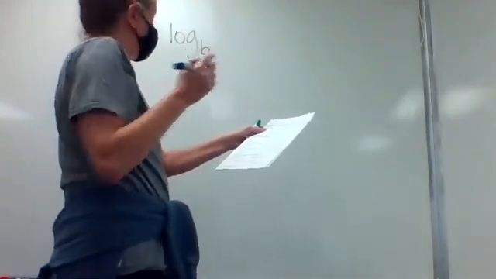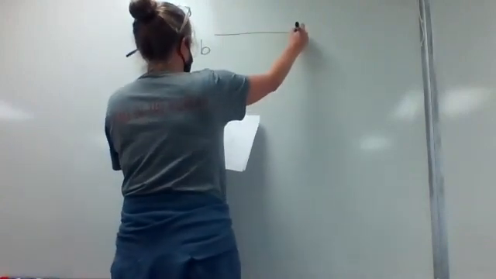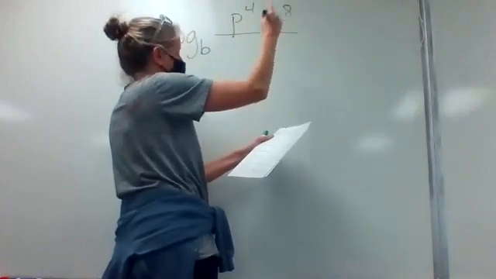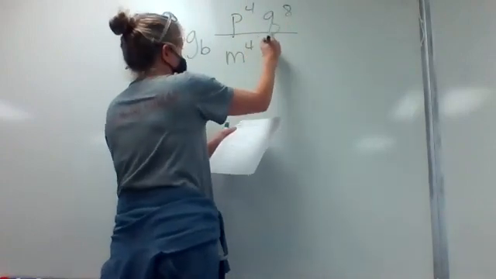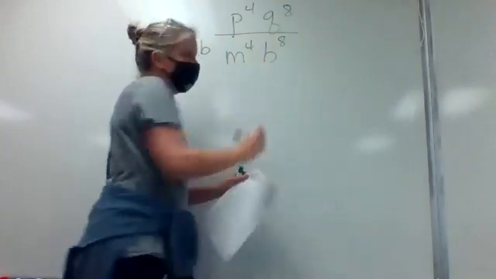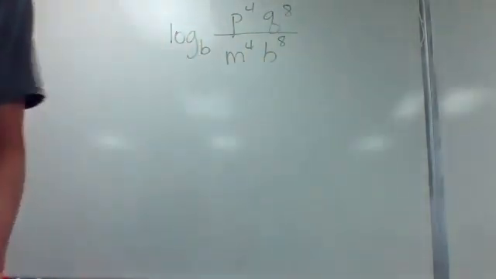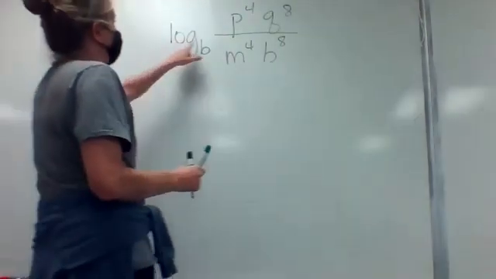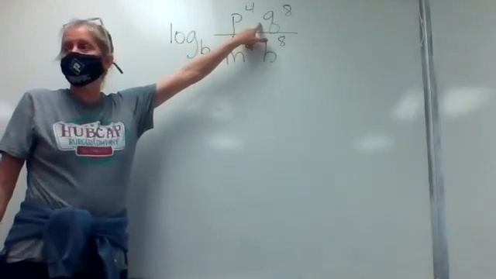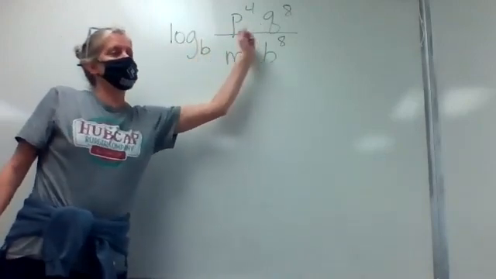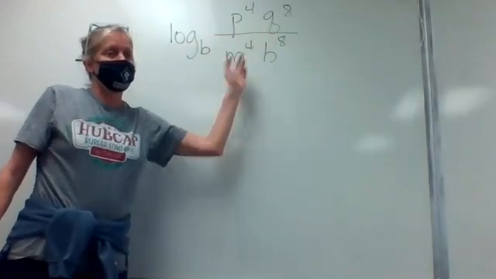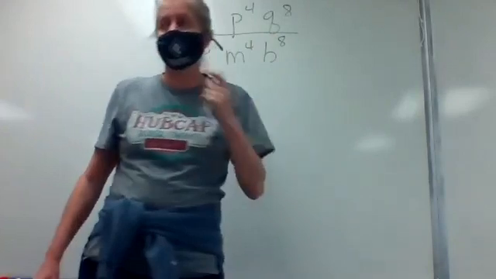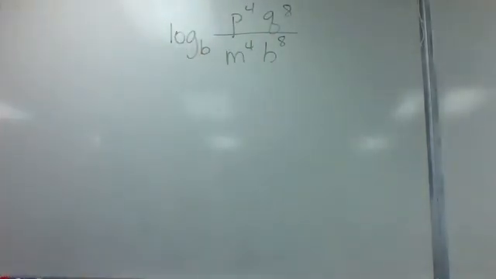Log base b. Now we've got a fraction. In the top, we've got p to the 4th, q to the 8th. In the bottom, we have m to the 4th, b to the 8th. So I'm going to rewrite this as the sum and differences. The ones that are going to be added using the sum rule are the numerators. The ones that you are dividing by, or in other words, in the bottom of this fraction, are going to have minuses in front of them. Those are the ones that are being divided by.